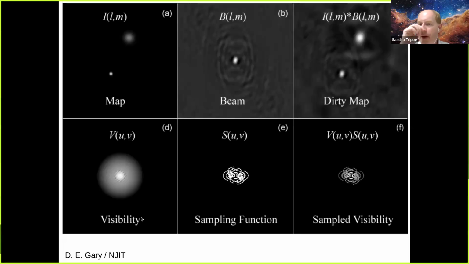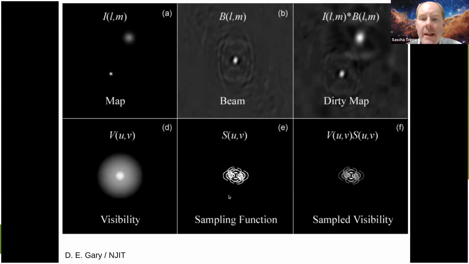We have a certain number of individual observatories, so a certain number of baselines. On the ground, Earth is rotating, so these baselines change orientation as projected on the sky, as seen from the point of view of the target. Or in space, of course, you have rapid orbital motions of all the antennas.